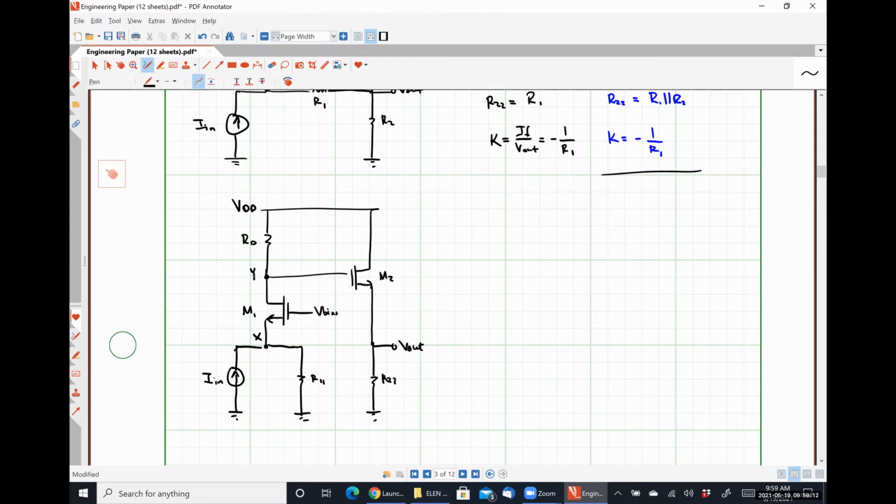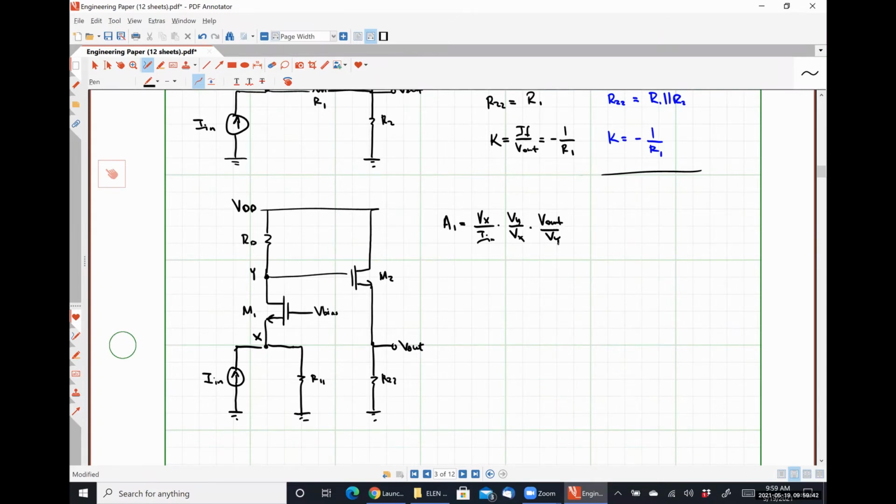And then finally, we have our third stage, which is transistor M2. So it looks like a source follower, right? So our overall open loop gain is going to look like Vx over In multiplied by Vy over Vx multiplied by Vout over Vy.